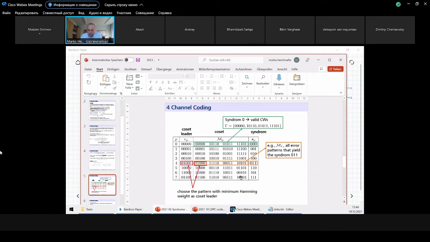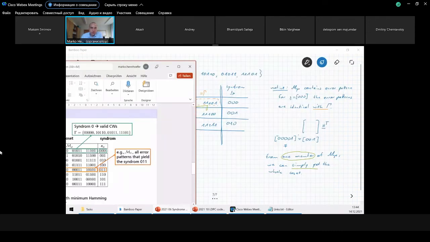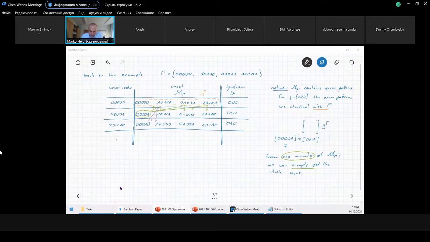So also there with 50% probability, this double error could be corrected. With 50% probability, things will go even more wrong. Okay, let's get rid of this. So this is just a method to get these cosets efficiently.